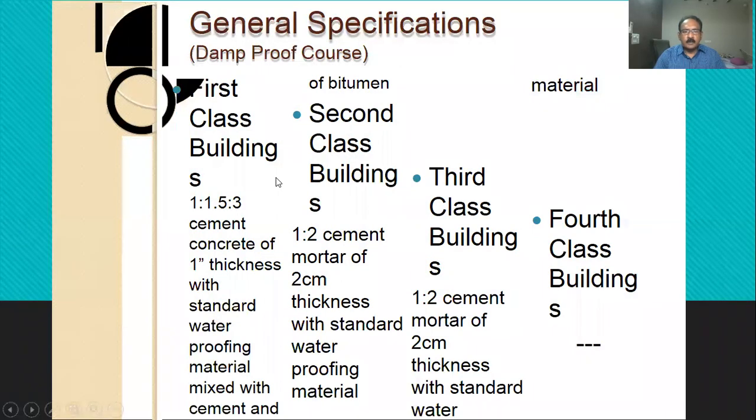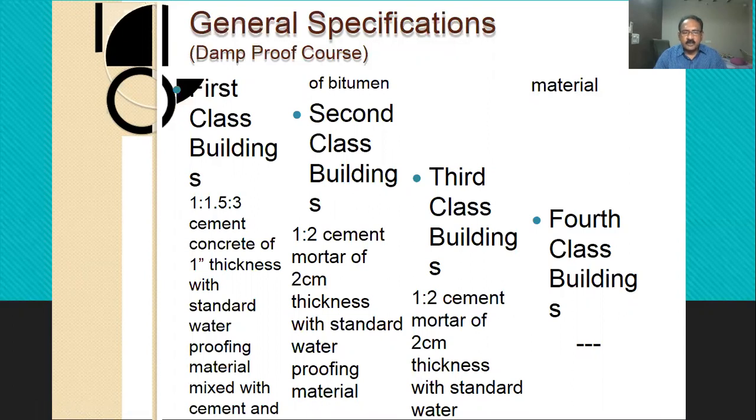The mix in first class buildings is 1:1.5:3, and 2.5 centimeters thickness with waterproof material.